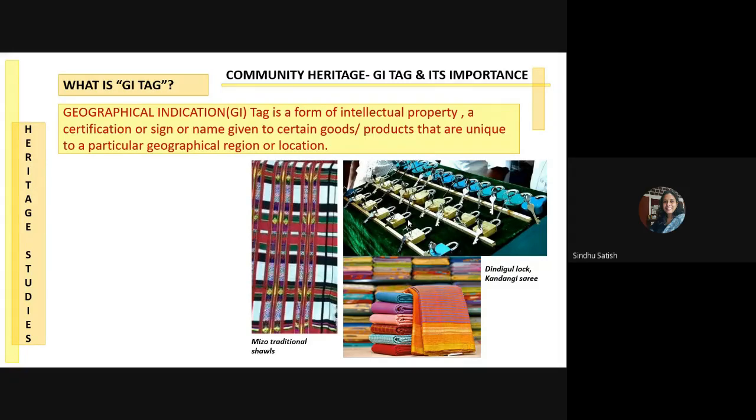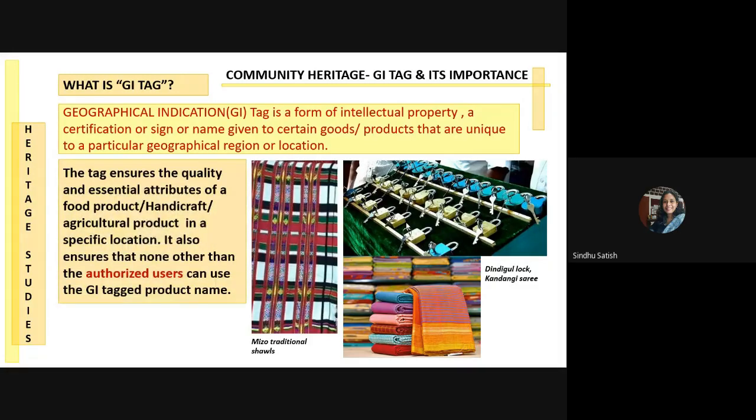Here the focus is, along with the product, also the geography or place from where that particular indigenous heritage has evolved or was first seen or originated. So the tag ensures the quality and essential attributes of a food product or a handicraft product or an agricultural product in a specific location.